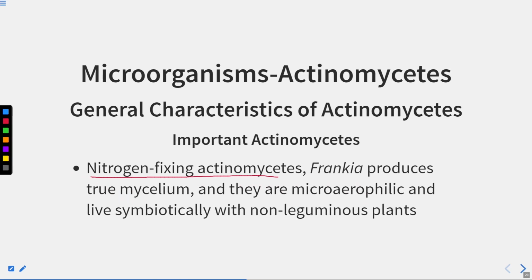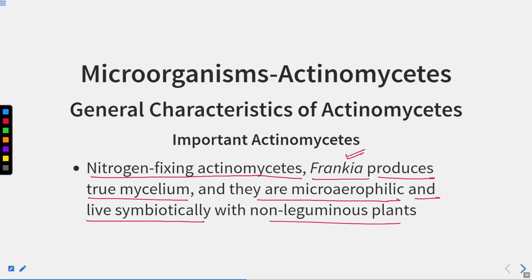Nitrogen fixing actinomycetes, that is Frankia. This is very, very important, right? It produces true mycelium and is microaerophilic and lives symbiotically with non-leguminous plants. So they are nitrogen fixing actinomycetes. Very, very important point, and many times it has been asked in the examination.